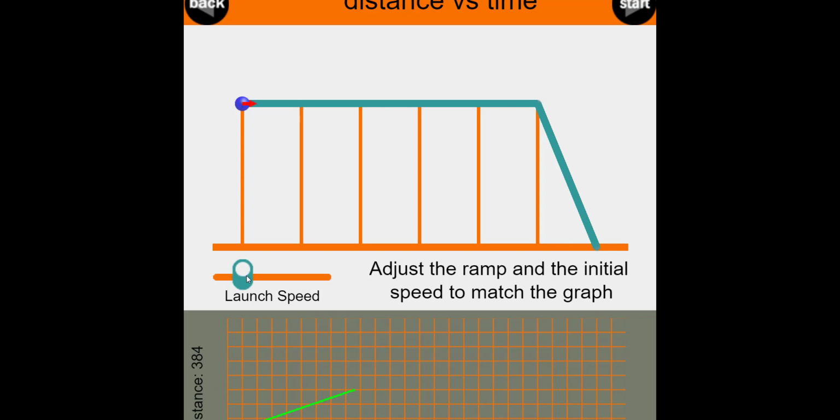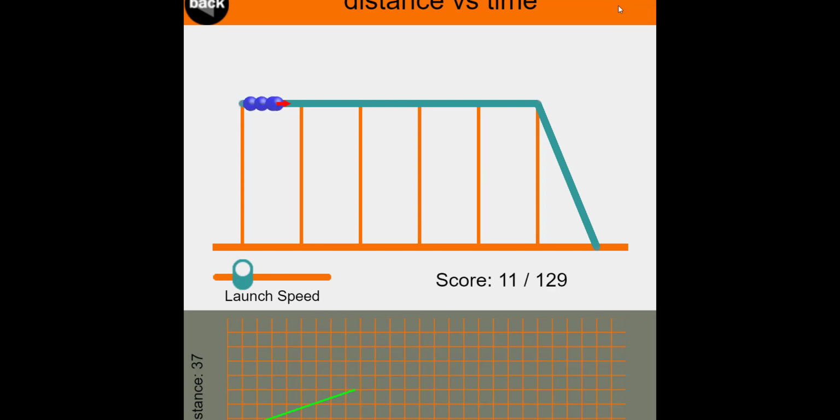I can change how fast I want this graph to go. And then up here, I can start it. So it's not quite the green graph. So you have to create the green graph with the ramp that you created.